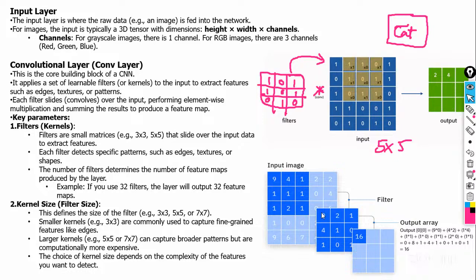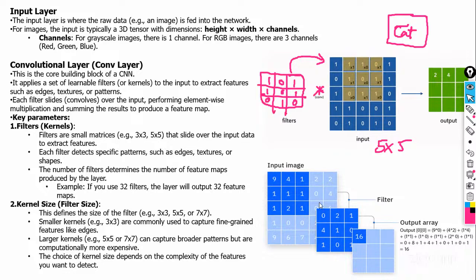So if you see here, obviously our input image is written over here, and by using a filter, this is my filter. If I use this filter on the input image, I'm going to get the output matrix. What exactly is happening is, if you see, 0 multiplied with 9 is 0.